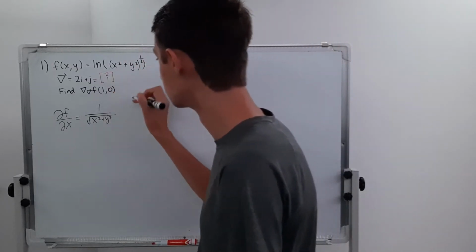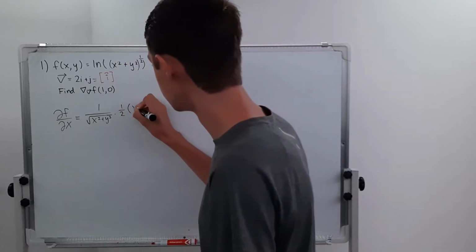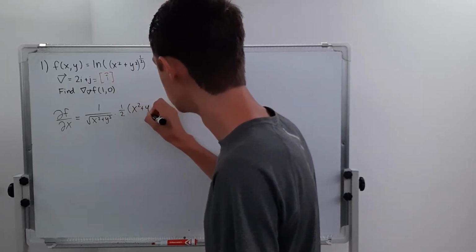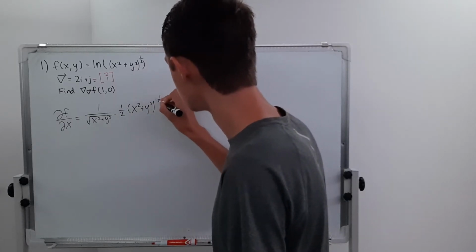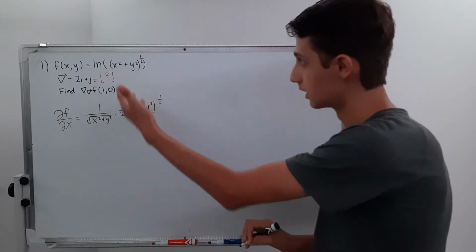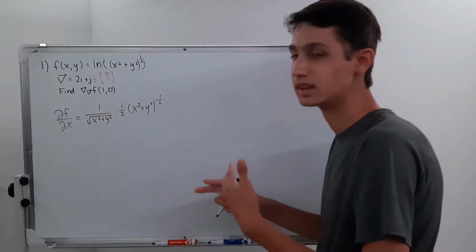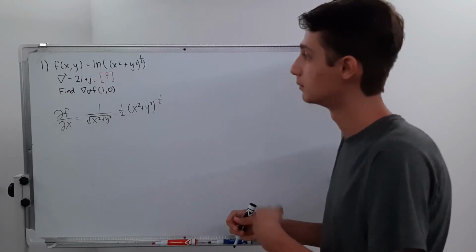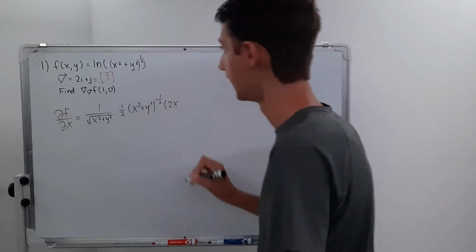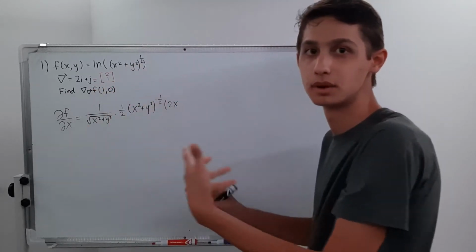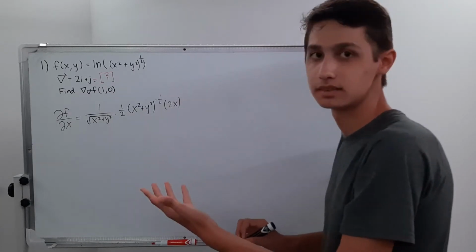We move the 1/2 to the front, and then raise the input to the negative 1/2 power. This is where holding y constant comes into play, because now we take the derivative 2x plus 0, because y squared is a constant.